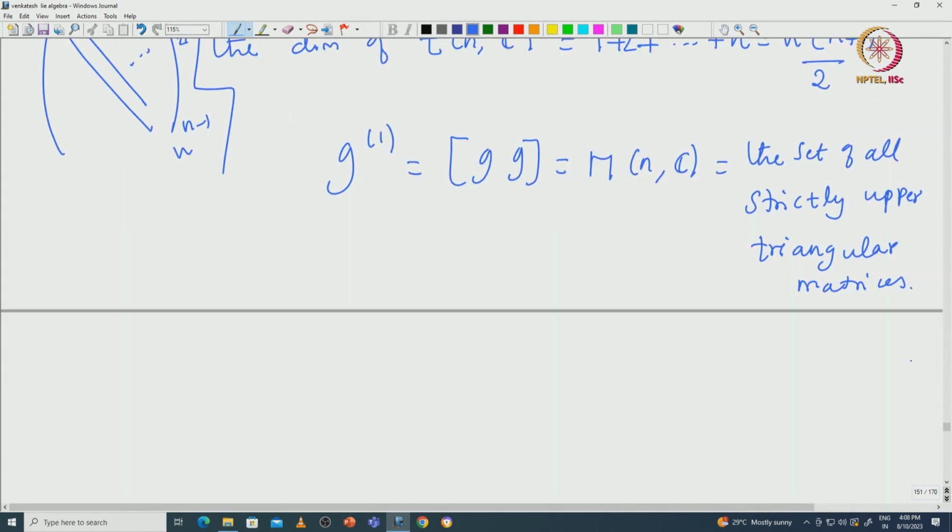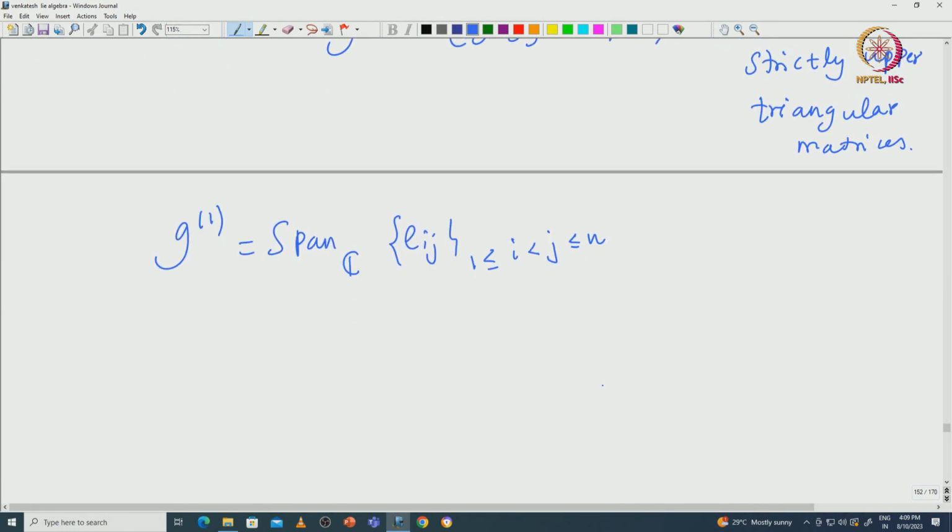In particular, if you take the spanning set of this g^1, you can easily see that it is spanned by the elements E_ij again, where now i is never equal to j, so 1 less than or equal to i strictly less than j less than or equal to n. But we can describe this in terms of what is called the level of E_ij, defined as j minus i.